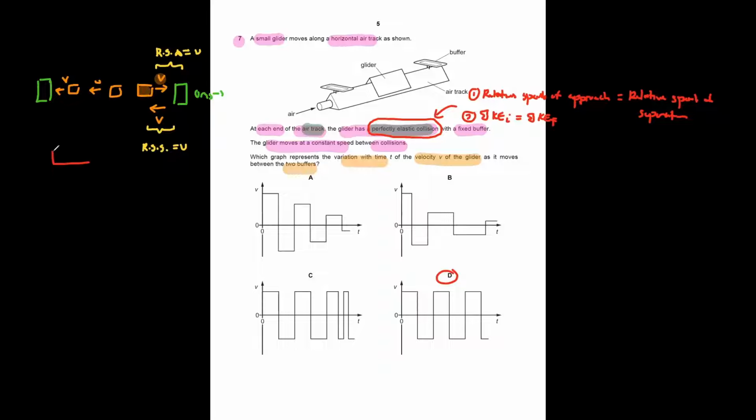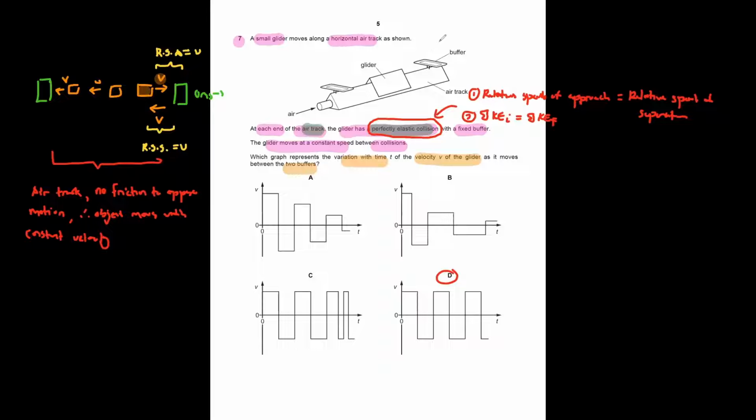It is because of this. Because you see, they mentioned that you have an air track. It's just a layer of air beneath your glider, so no friction to oppose motion. Therefore, the object moves with constant velocity.